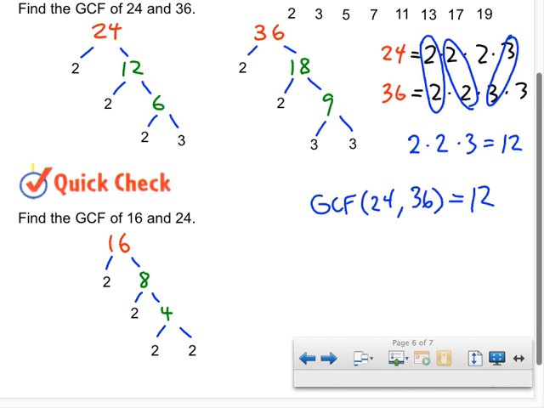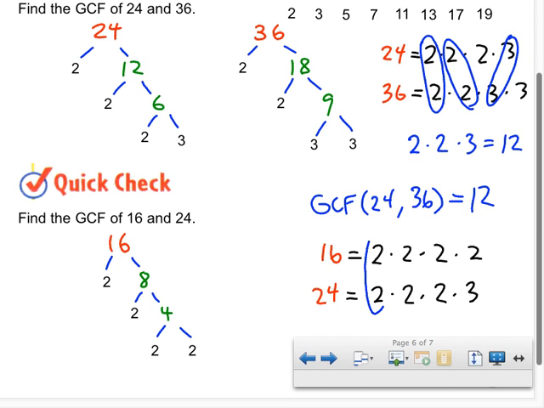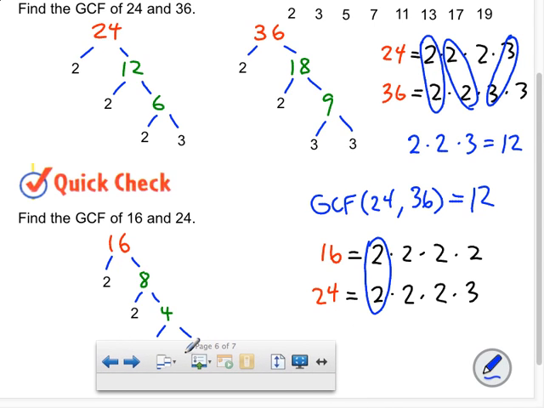So 16 and 24, we're going to use what we got for 24 earlier. We saw that was 2 times 2 times 2 times 3. And 16 is 2 times 2 times 2 times 2. And if we circle up our pairs, I got a set of 2's here, a set of 2's here, a set of 2's here, and then I'm out, right?